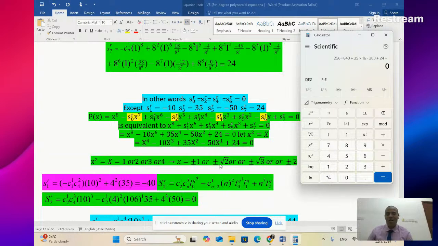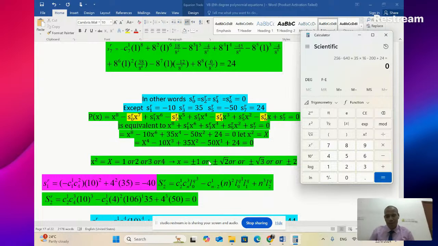So these are the eight different roots. Some are rational numbers and the others are irrational numbers, and all of them are real numbers. There are no complex numbers in this kind of example.